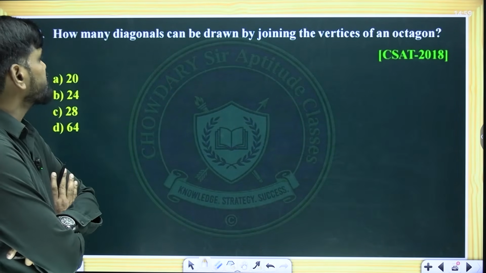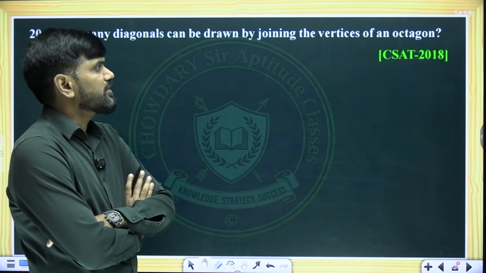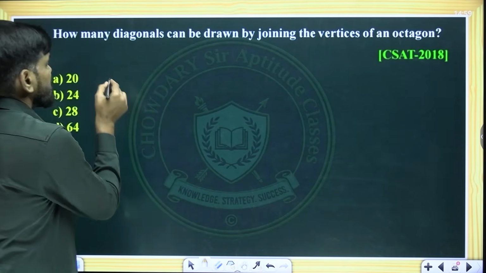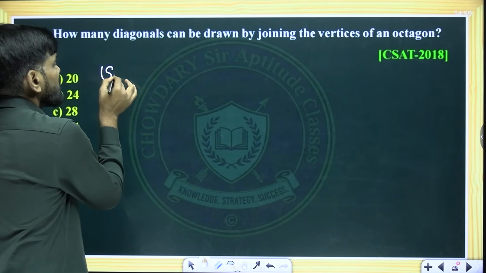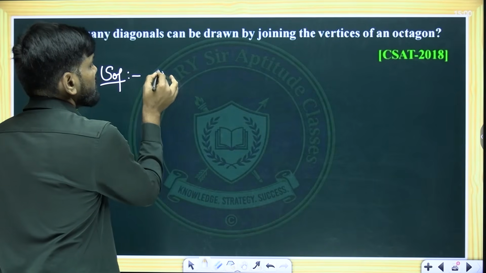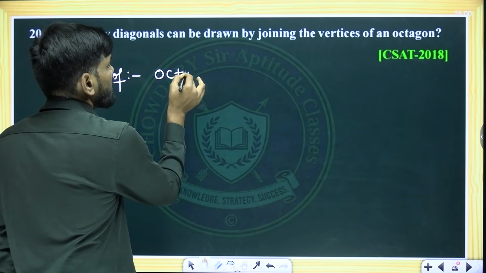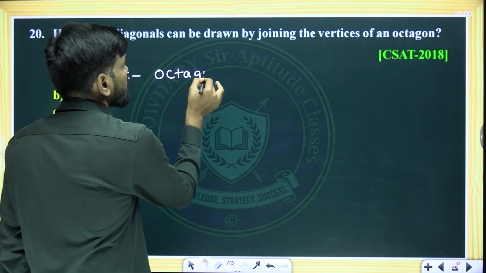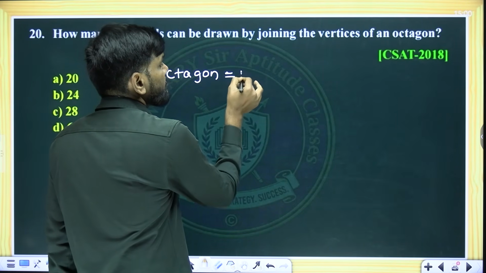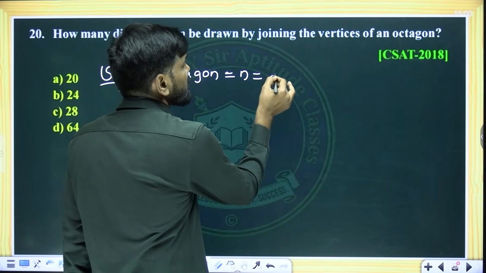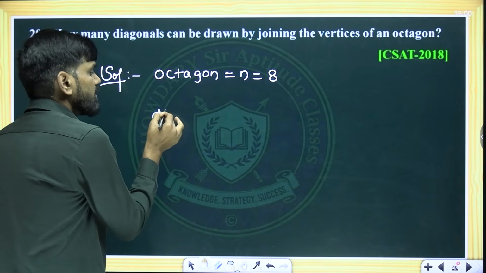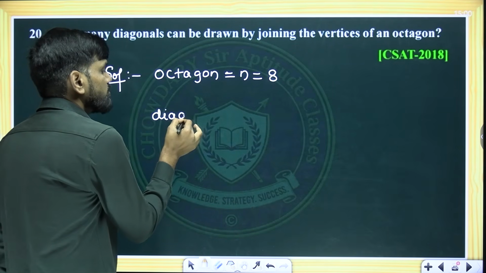Now, let's go ahead with the problem. Problem number 20. How many diagonals can be drawn by joining the vertices of an octagon? Octagon will have 8 sides. As the number of sides is 8, number of diagonals will be equal to n into n minus 3 by 2.